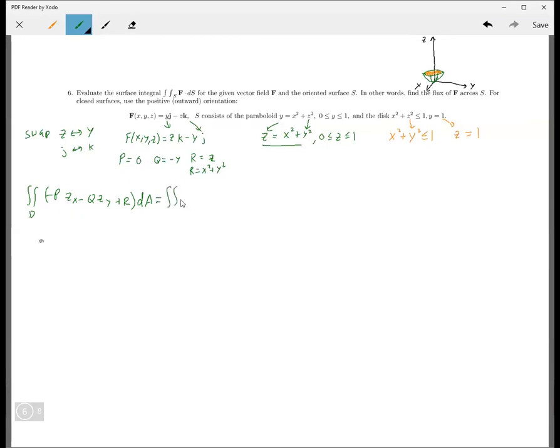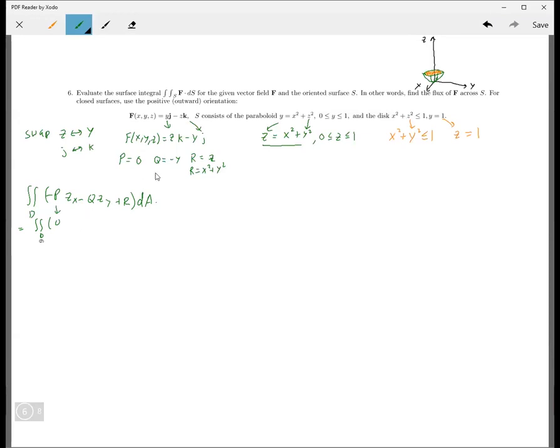Negative P, that would be 0. So that one's 0. Let me do it down there so you guys can see better. Okay, that's 0. So who cares what that is?